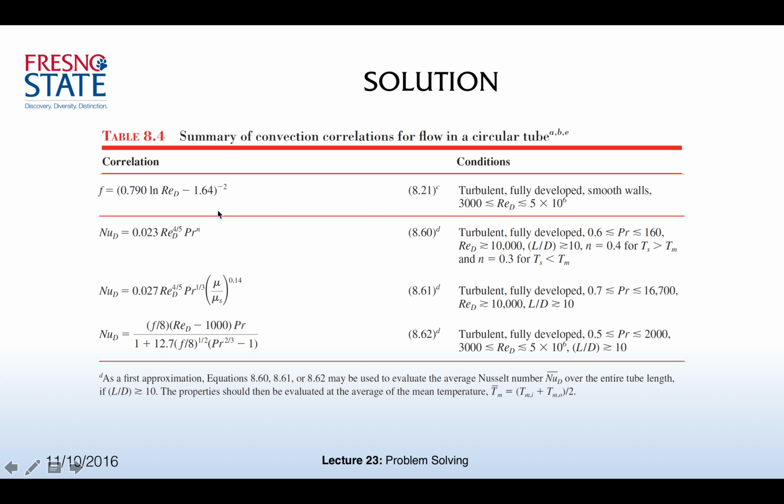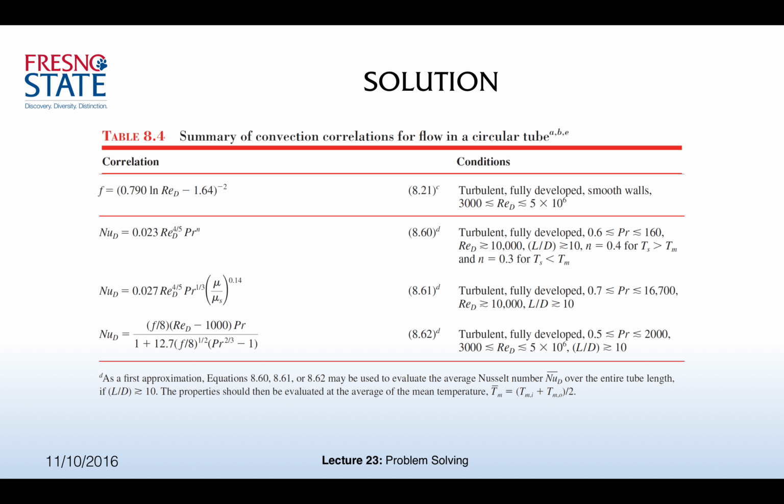The only thing that's left is to pick an n. We have n equal to 0.4 for T surface greater than T mean for the flowing fluid inside, and n equal to 0.3 for T surface less than T mean. We don't know T surface, but think about it a little bit. What are we doing for the water?